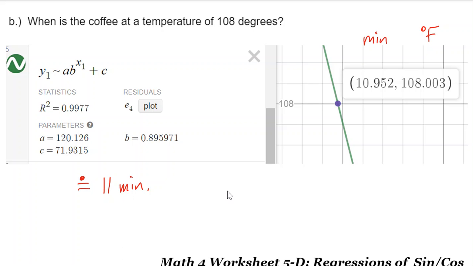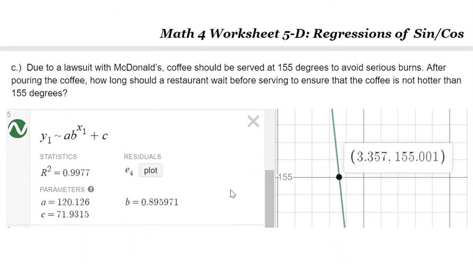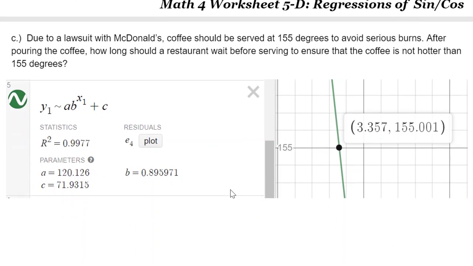All right. So the next question is, we talked about the lawsuit at McDonald's. Coffee should be served at 155 degrees to avoid serious burns. After pouring the coffee, how long should they wait? And so the question really becomes, how long before it drops down to 155 degrees? Well, again, I'm tracing this curve and I'm blowing it up until I can get reasonably close to 155.